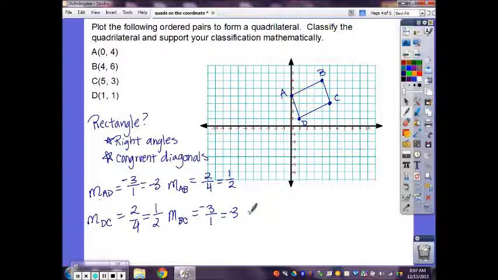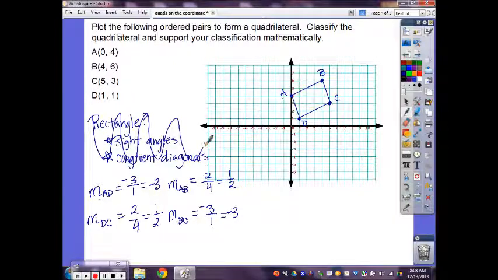So immediately what I'm noticing is I do have a positive and a negative slope, so I have the opposite part for perpendicular, but I don't have the reciprocal part because it's not 3 over 1 and then 1 over 3. So therefore, it's not a rectangle. So my initial thought was incorrect.